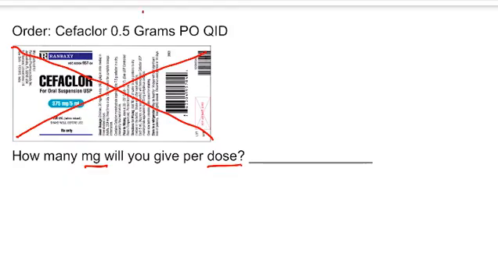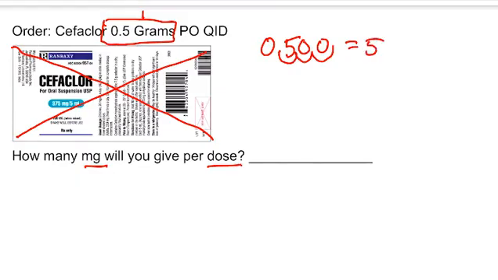I'm going to look right here, right in my doctor's order. This is how many milligrams per dose, but it's in grams right now. So this question is asking me to convert grams to milligrams. I have 0.5 grams, and I know to multiply that by 1,000, I go 1, 2, 3 decimal points, which is 500 milligrams. So how many milligrams will you give per dose?